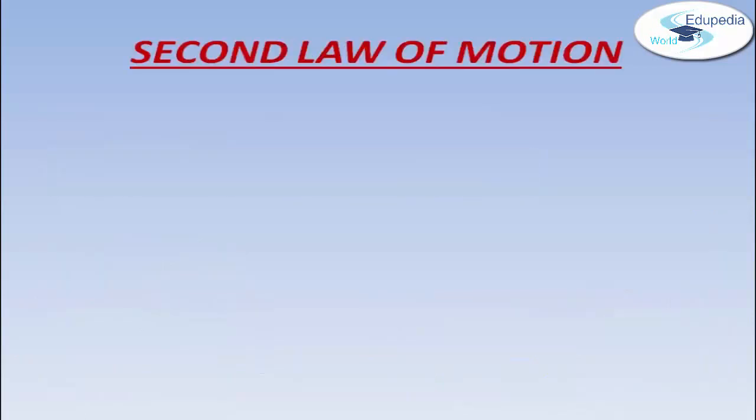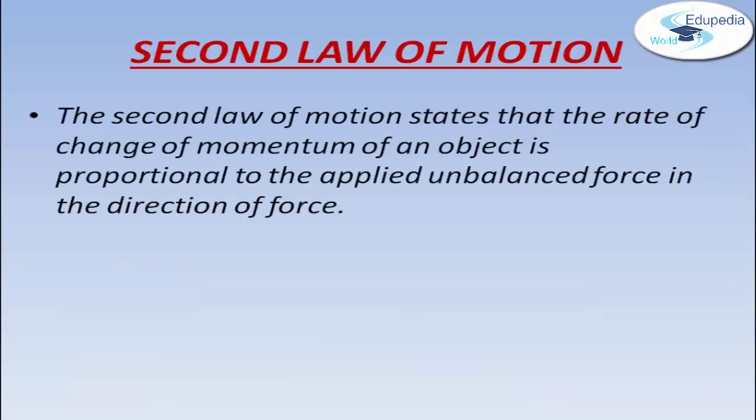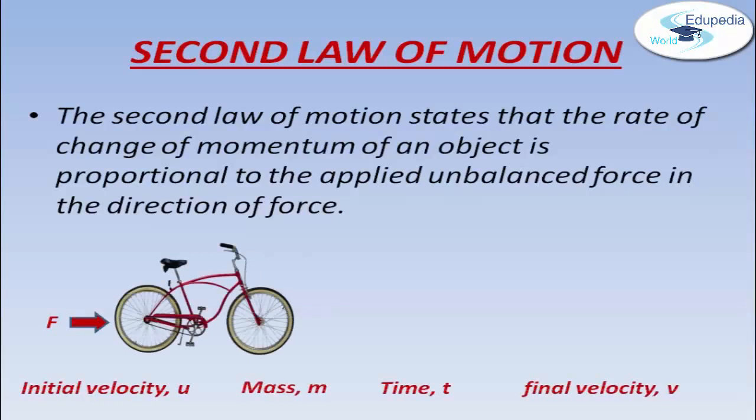Now, this study of momentum, inertia, mass actually brings us to our second law of motion, which states that the rate of change of momentum of an object is proportional to the applied unbalanced force in the direction of force. Now, rate of change of momentum of any object is proportional to the force.